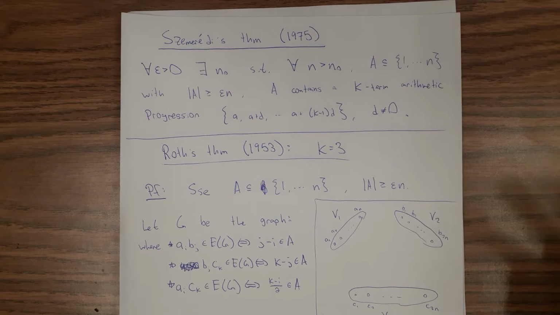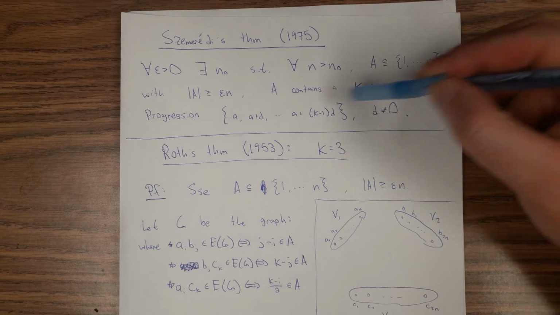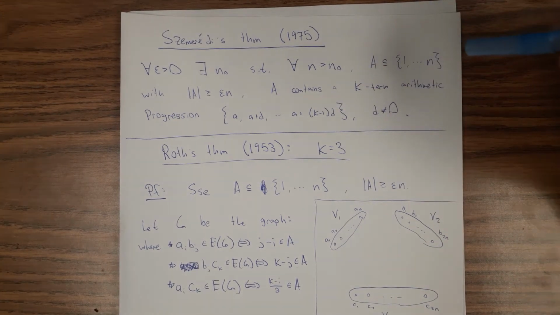And then this opens up the question of what we consider a nice substructure of integers. Well, it's really a matter of opinion, but arithmetic progressions are pretty nice. They are well organized. Yeah, I like them.